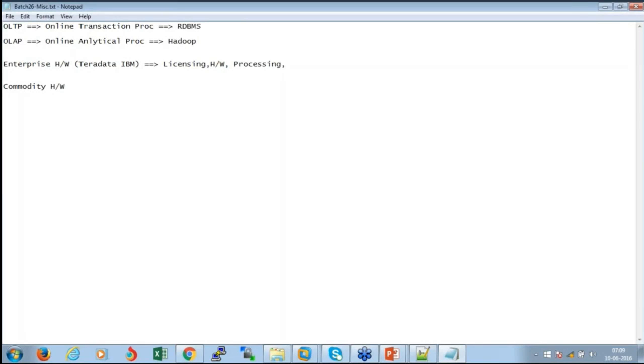That will be calculated in GIPS, right? If you are processing 1 GB of data, you have to pay some cost related to processing to IBM. Okay, that's one thing.